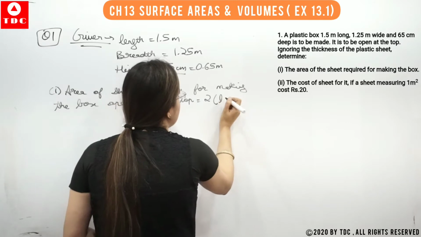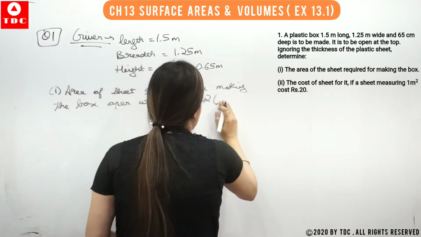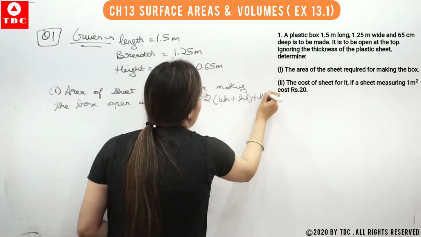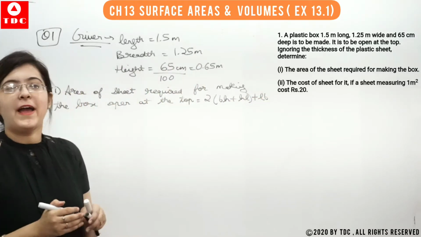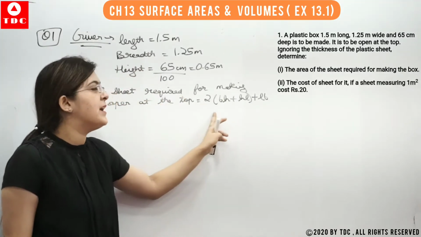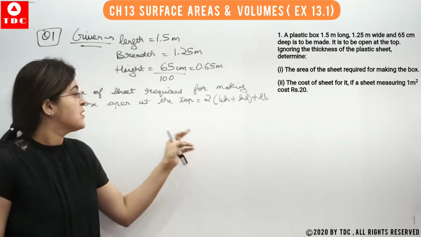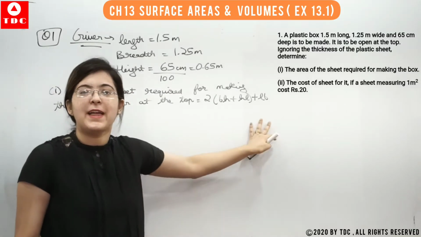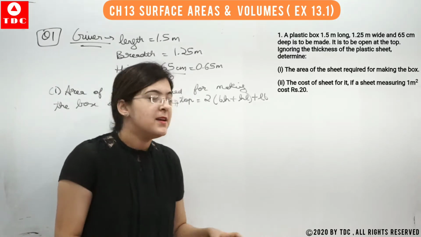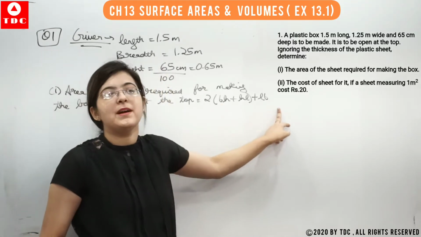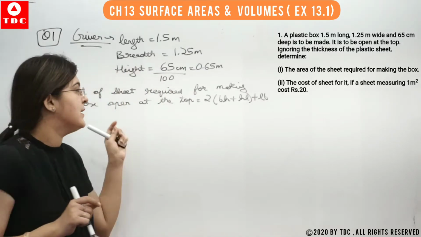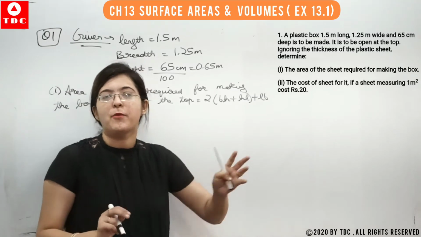So we want 2 times BH plus HL, but LB we want only one. Why have I written LB separately? Because we want the top of the box to be open, so we will not calculate the sheet for that. The formula was 2LB plus BH plus HL. So I have taken out LB from here and written it only once for the bottom. Understand this, how to manipulate the formula.